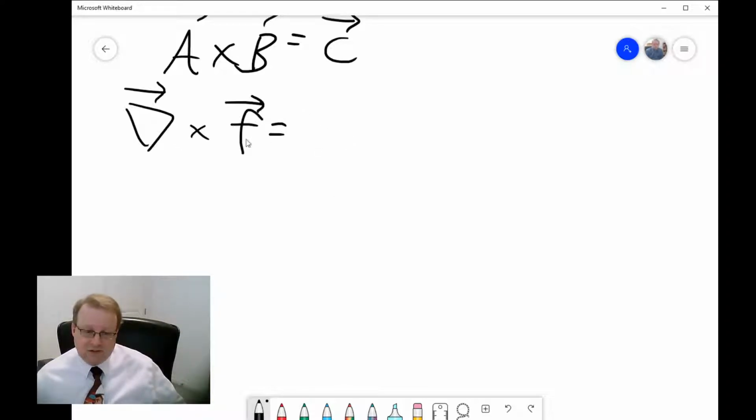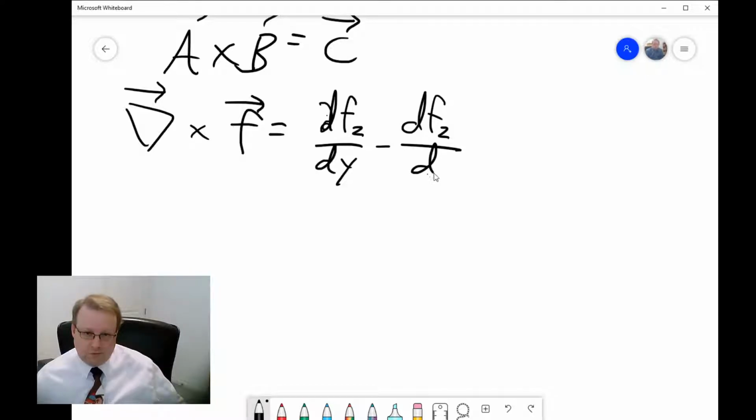But this, as your x component, will be the y derivative of the z component of F minus the z derivative of the y component of F. So this is the x coordinate, and then we have a little bit of a cycle where the signs change each time.